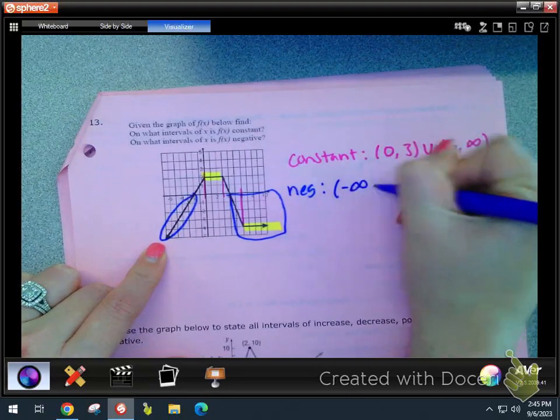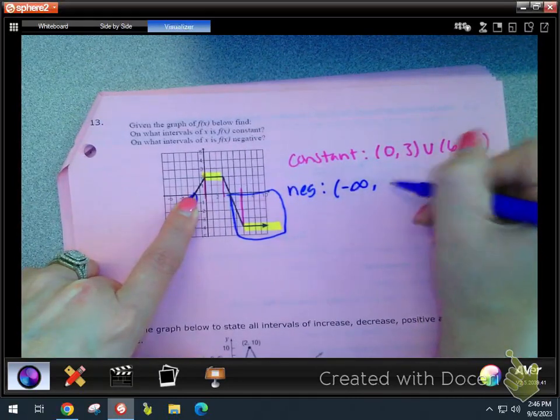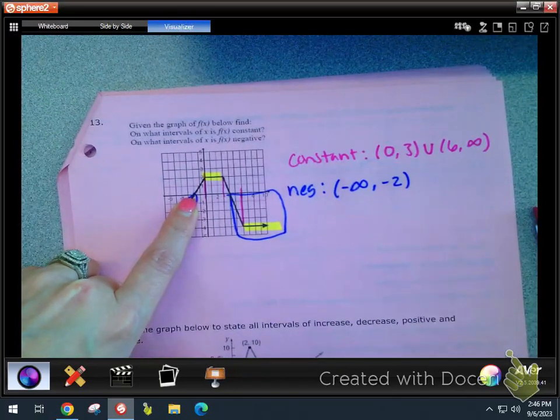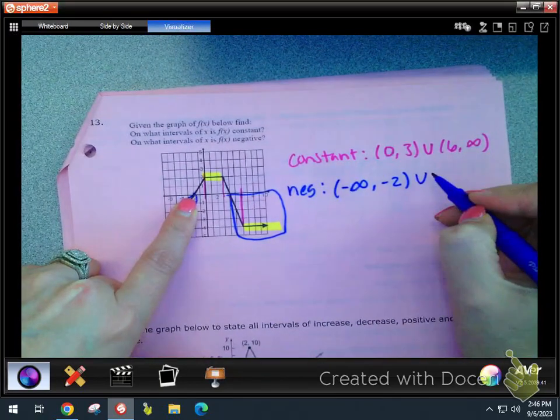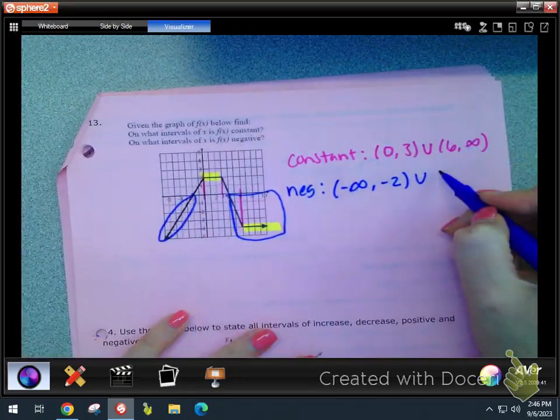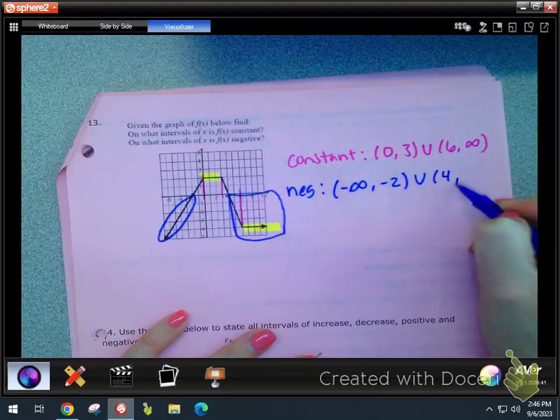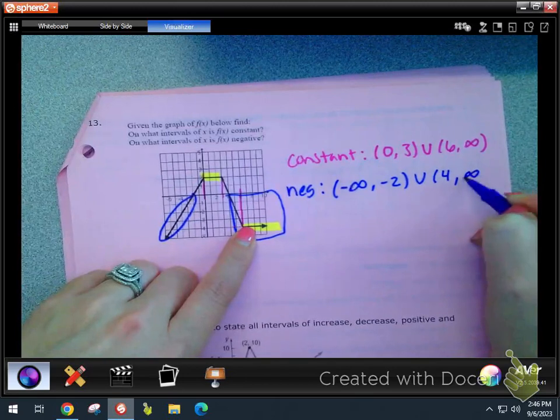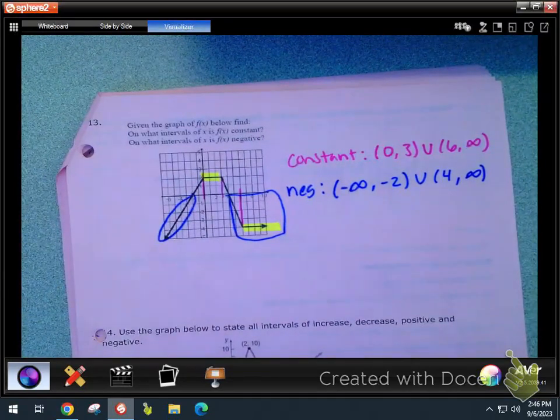Negative infinity all the way until your root at -2. Close, because it just says negative, not equal to. Then it starts being negative again at what x value? Until, it actually stays negative forever. Because even though it switches from decreasing to constant, it's still negative.